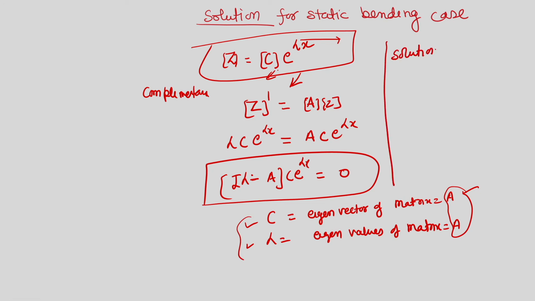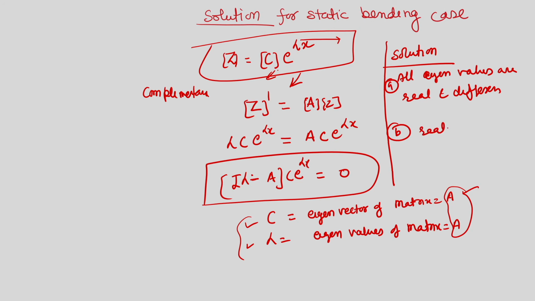Let us say all eigenvalues are real and different. So, there will be three cases. The case 1, that all eigenvalues are real and different. Second case, eigenvalues are real but same, identical.